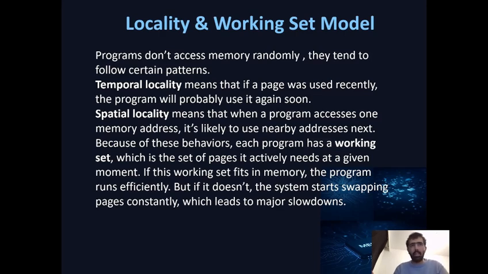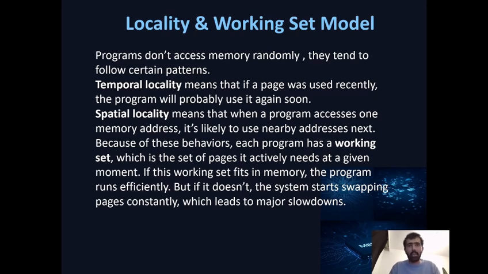Temporal locality means that if a page was used recently, the program will probably use it again soon. Spatial locality means that when a program accesses one memory address, it's likely to use nearby addresses next. Because of these behaviors, each program has a working set, which is the set of pages it actively needs at a given moment.